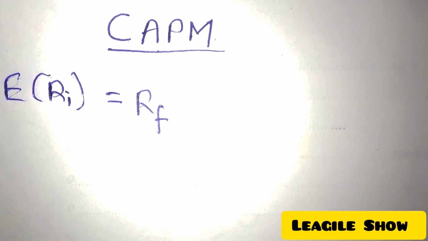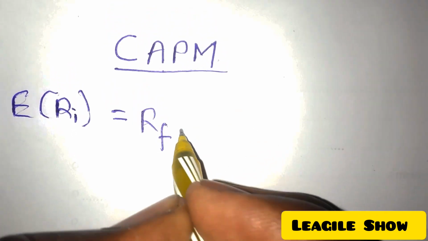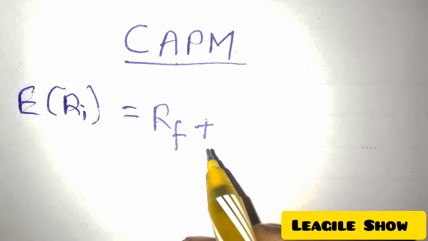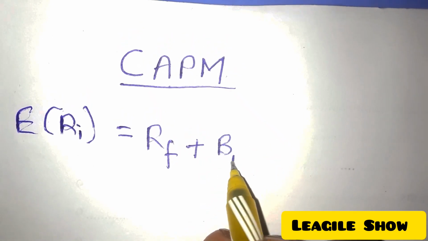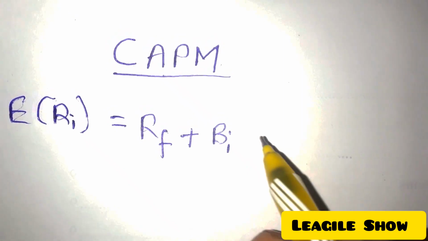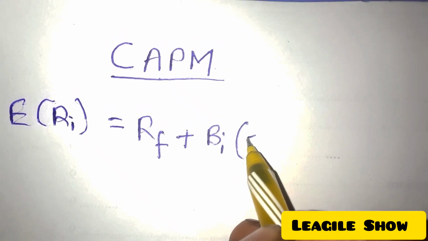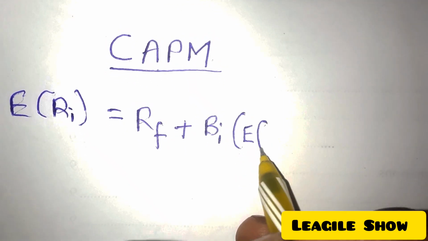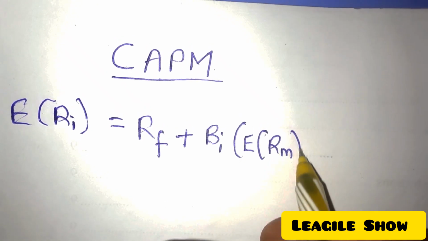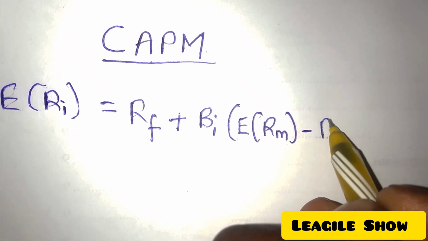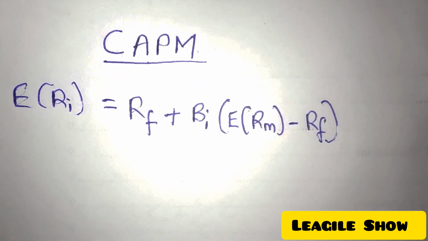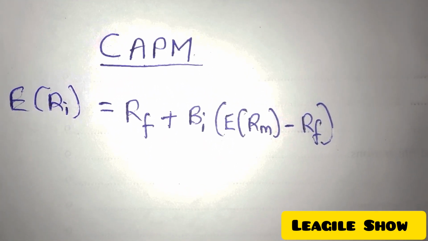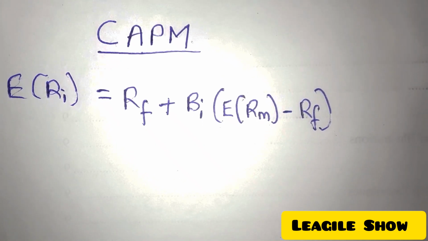That is the risk-free rate, plus we are going to add the beta of that security times the expected return of the market minus the risk-free rate. This is the formula which will help us to get the expected return of this security.